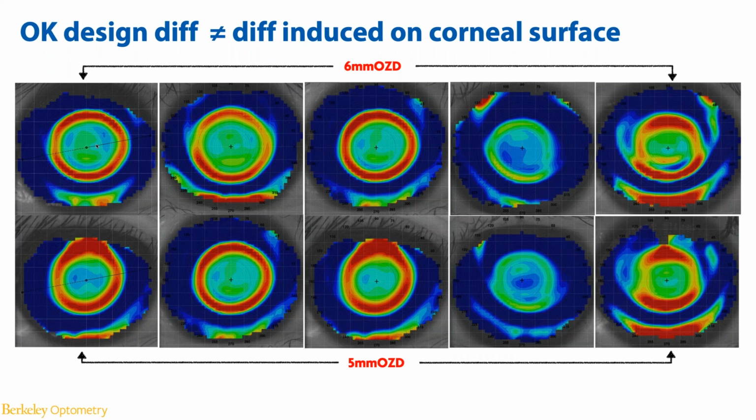So for 5mm OZ in the same diameter, a per degree change in the landing zone angle is likely inducing a more significant change on the overall sag of the lens. And so I do want to make sure I'm changing it correctly. But for the initial either diagnostic lens or the first empirical lens I'm ordering, I tend to use the same LZA as the 6mm OZ.